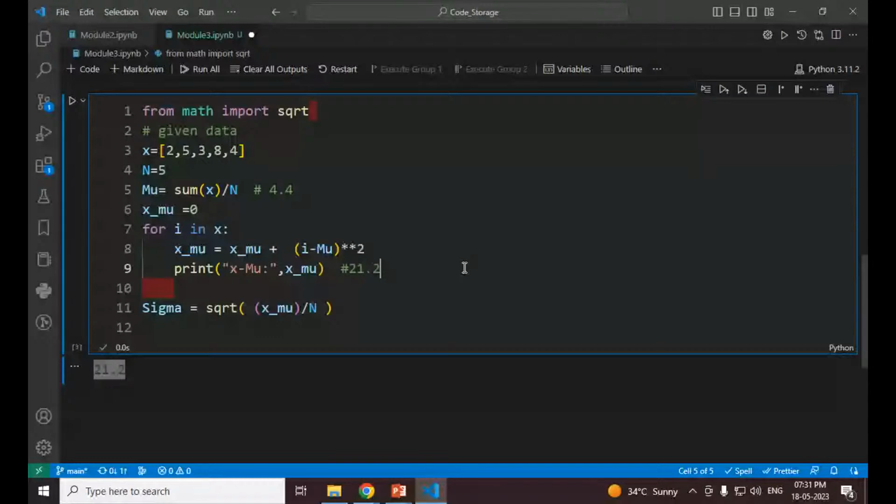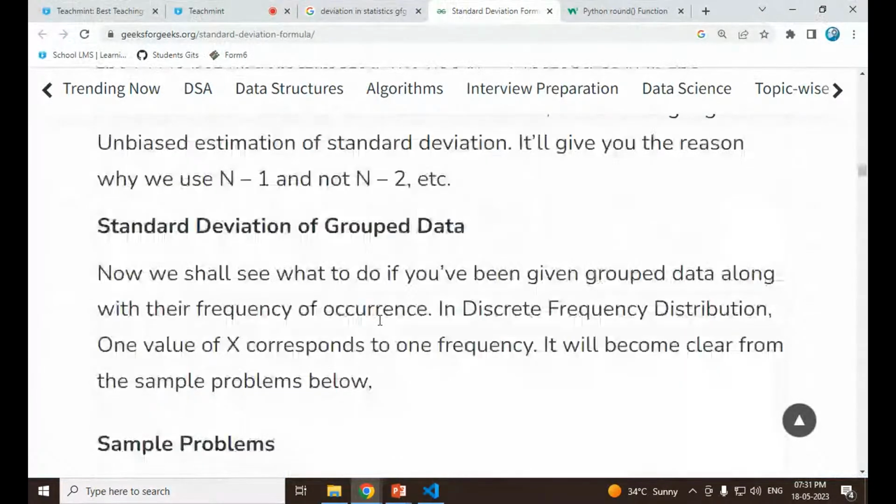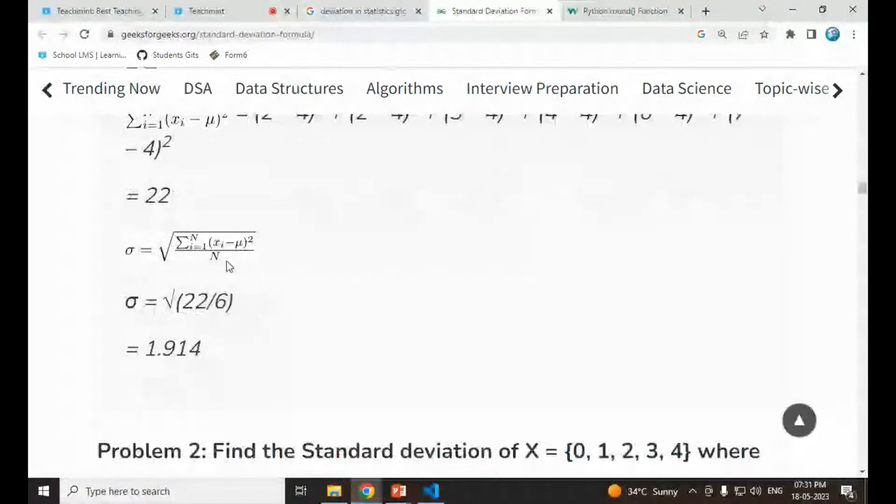Got it? Okay, next I wanted to find out divided by n. I want to make it as per my formula. I'll go back to my formula. Okay, this is my formula: xi minus mu whole square divided by n. I have to do that. I'm already ready with the square.